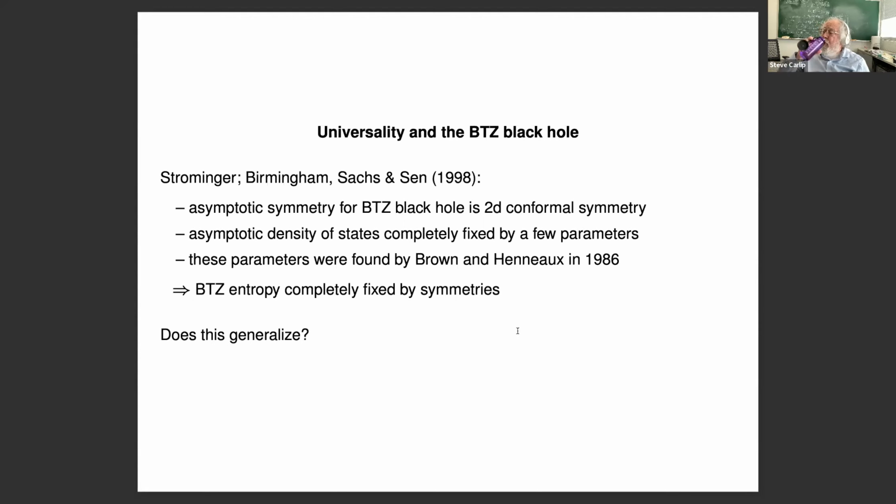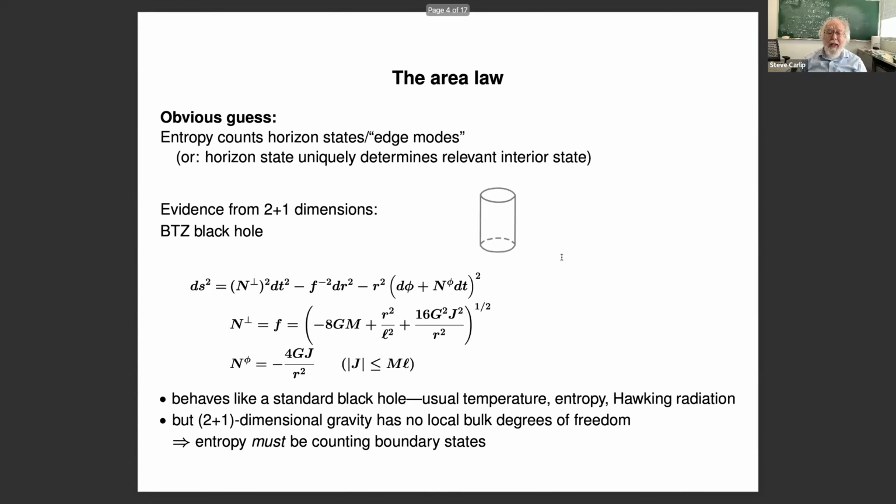What they pointed out is, first of all, the BTZ black hole is asymptotically anti-de Sitter. This is just a property of 2+1 dimensional gravity, that there are no black hole solutions unless there's a negative cosmological constant. That means that the asymptotic boundary of the BTZ black hole looks like a cylinder.